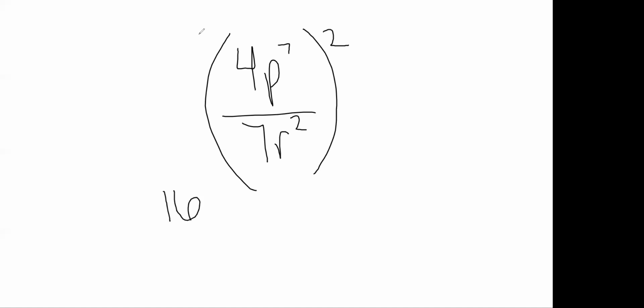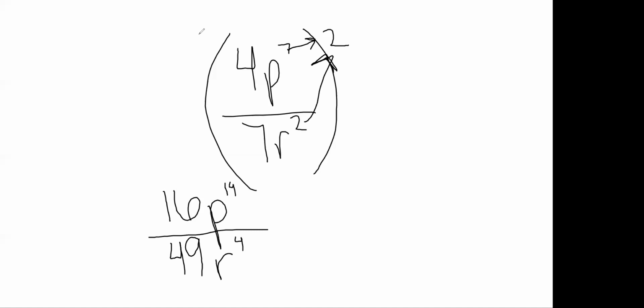Then we'll do p to the 7th squared. When you have a power raised to a power, you're going to multiply that. Then on the bottom, 7 squared. And then r squared squared, when you have a power raised to a power, you're going to multiply that as well. And that's your final answer for that one.